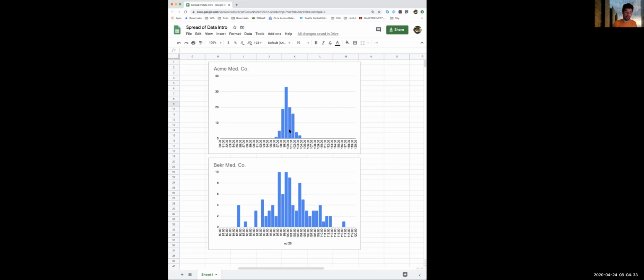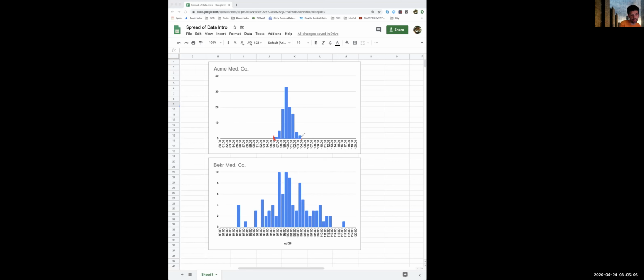What we notice immediately upon looking at this is that the Acme Medical Company's data is much closer to the center, where the Beaker Medical data is spread out a lot further. Both of them have averages that are almost precisely 100, but we see very different pictures from the data. For instance, I can look at the range of data, meaning the lowest to the highest.